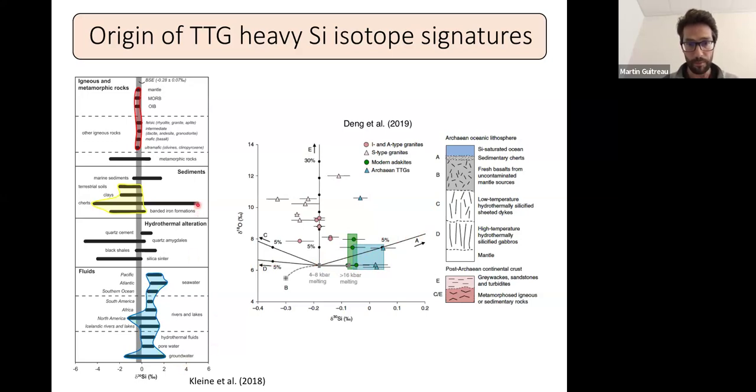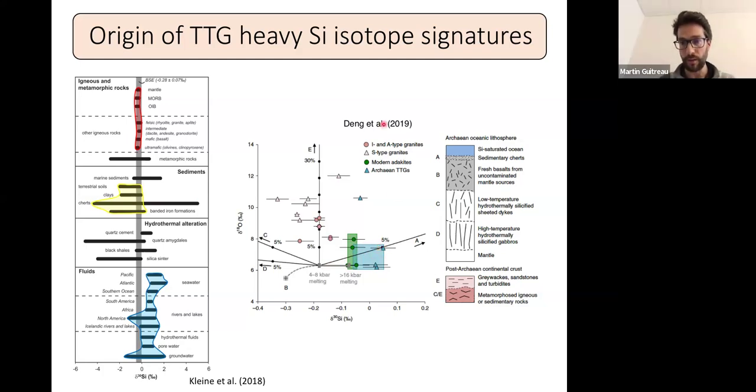Can go up to plus 5 per mil. When you melt modern adakites, it can be accounted for by the depth of melting, as you can see here, but it cannot account for this heavy one. So you need to add, in the source, some material with heavy silicon isotope signature.